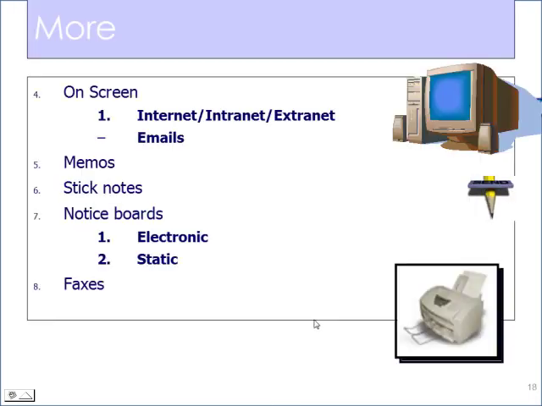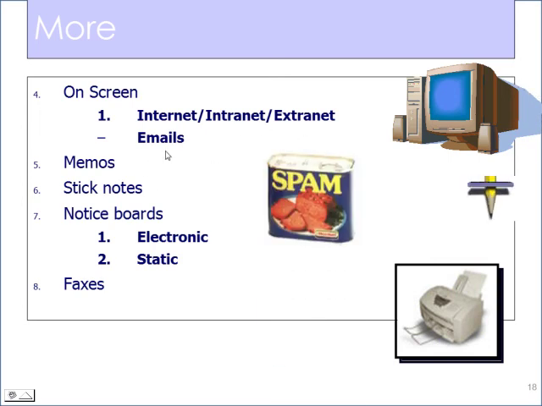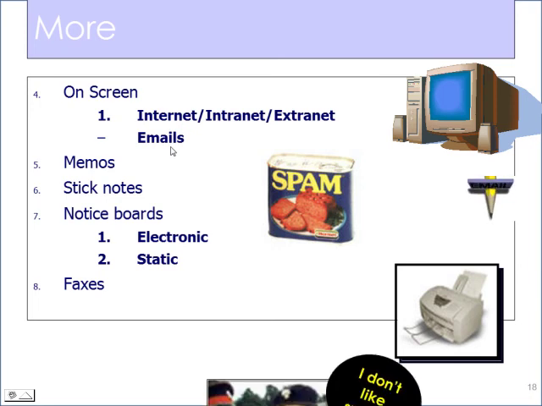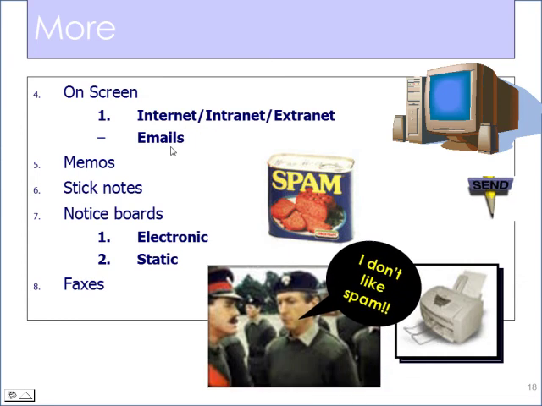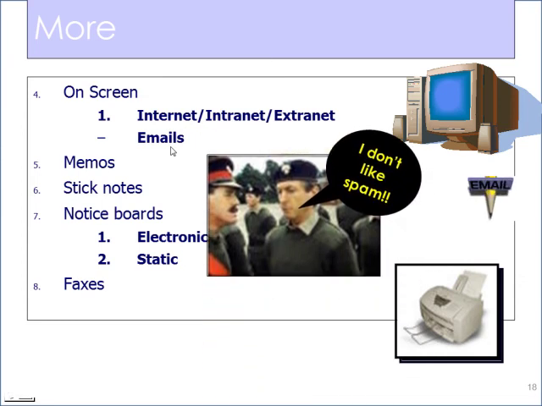Let's have a look at this. On-screen communication. The intranet, extranet, mail. You mean spam. Emails, spam, and spam? You mean spam. Those emails that you don't like receiving. What about memos? Are they a good method?